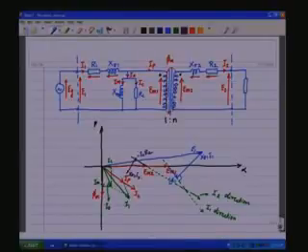So, E m 2 minus I2 R2 minus j X sigma 2 I2 is going to give you E2. So, this would be E2.